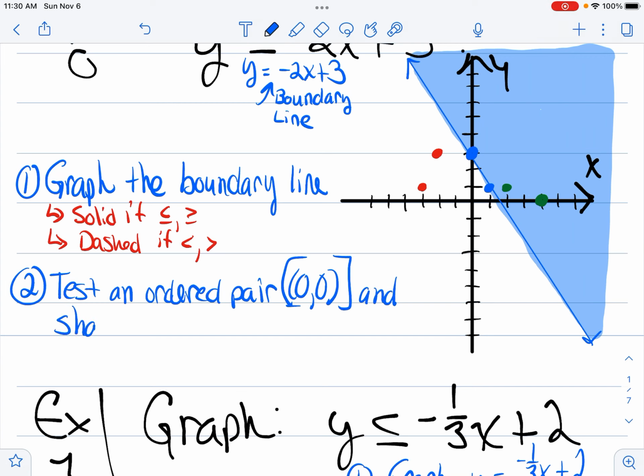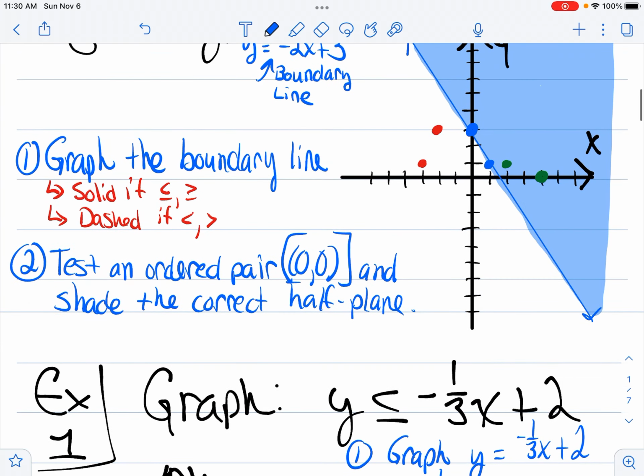And shade the correct half plane. Okay, so there we go.